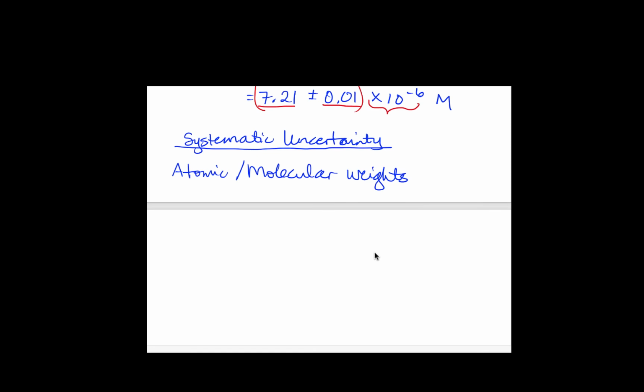And this can actually be pretty localized. So even areas that are pretty close to each other can have slight differences in isotopic abundances. And so if you're calculating the average atomic weight, it depends on the isotopic abundances. And since those vary, there's some systematic uncertainty that comes in depending on where you are.